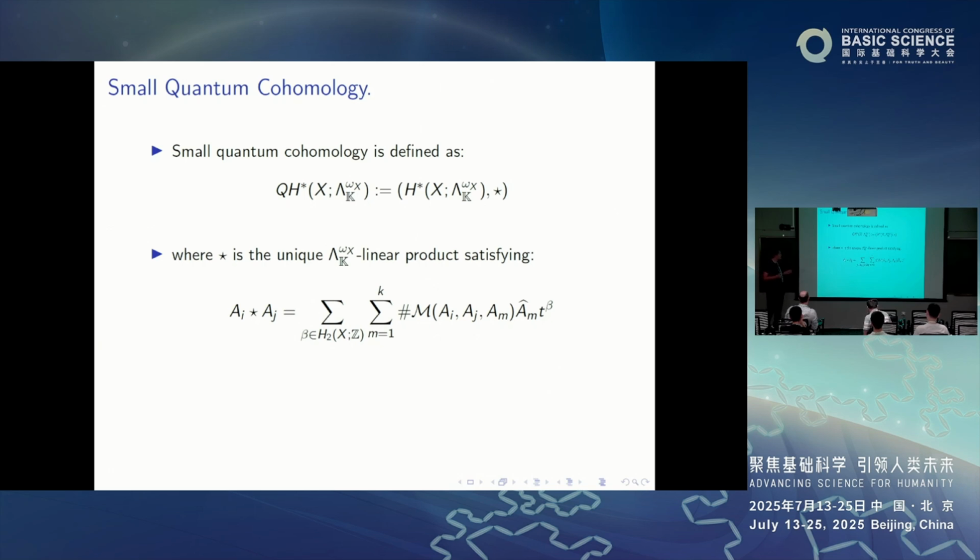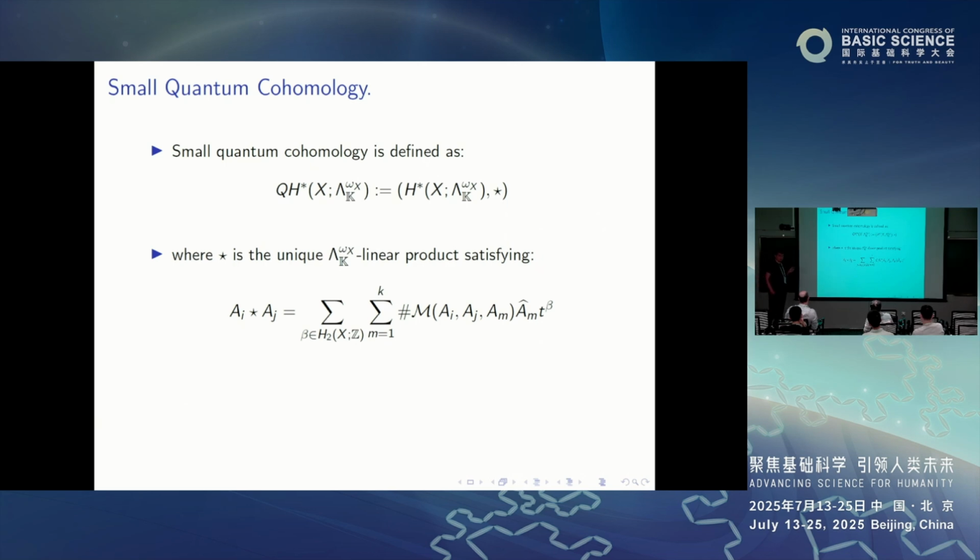So A is my basis elements, AI, AJ, and the small quantum product of AI and AJ is this sum. And these are the structure coefficients. So sharp M, what's that? That's the number of elements of some moduli space of curves. I count some curves passing through cycles corresponding to AI, AJ, AM.